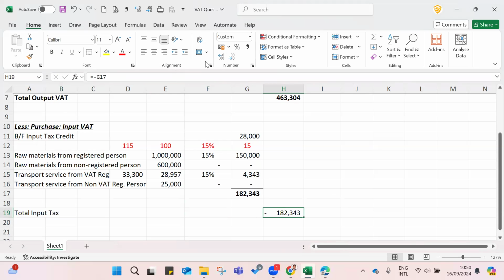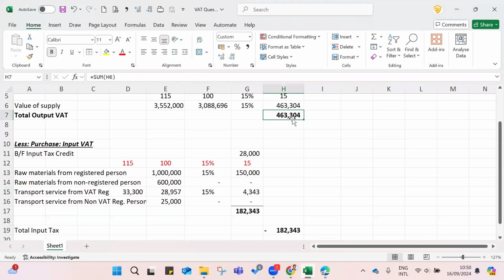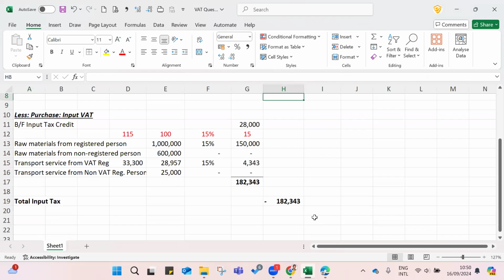Since it is less than 100% of the output, right? You always need to remember whether the output figure is higher than input. If it is higher, then definitely you can claim the entire amount, right?